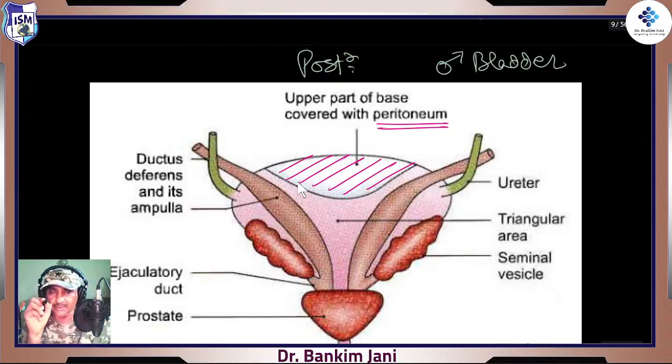So if by any means, whether you put a needle or anything, this peritoneum is ruptured, that means you'll be entering into the peritoneal cavity, and that is something you would always like to avoid. So this is an important clue: only the superior surface, the upper part of the base, is covered with peritoneum. The lower part is devoid of it.